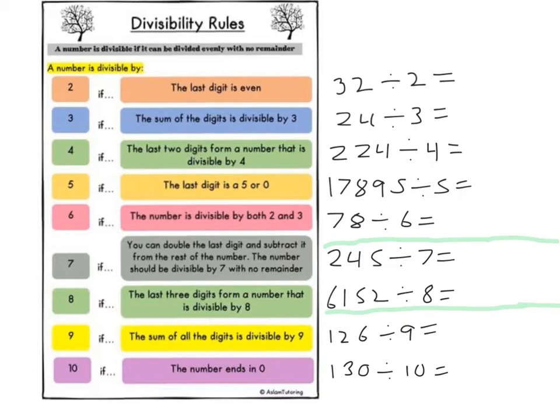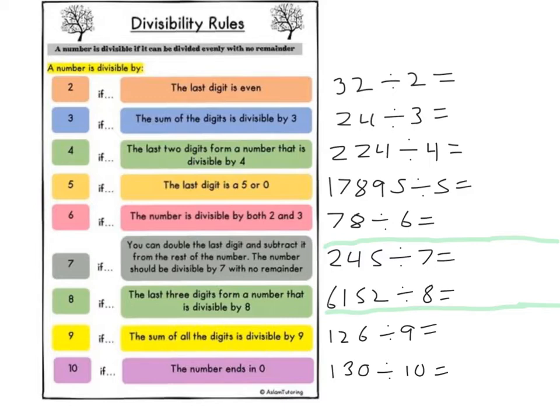So there are some rules about how we can know if a number will go in evenly without actually having to do the division. Some of them are really good. Some of them are not so good. The 7 and 8 one we'll leave till the end, but the ones for 2 to 6 and 9 to 10, you might already know this and not have actually thought about it concretely, but just be familiar.